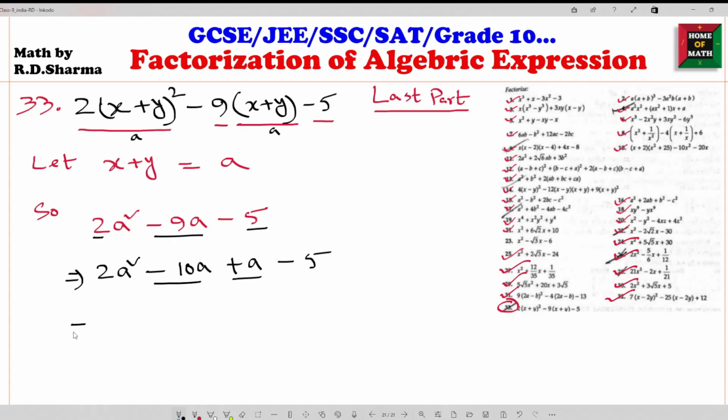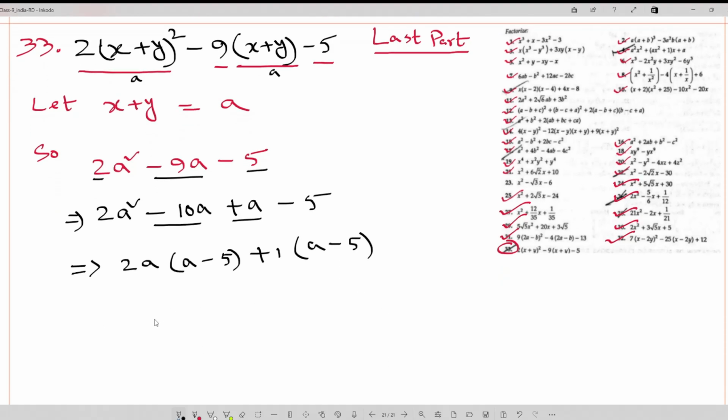Okay, so we can take common 2a. So here is a minus 5 and here common plus 1, again a minus 5. Okay, then here is a minus 5, a minus 5. So we can take common a minus 5, and then here is 2a plus 1.